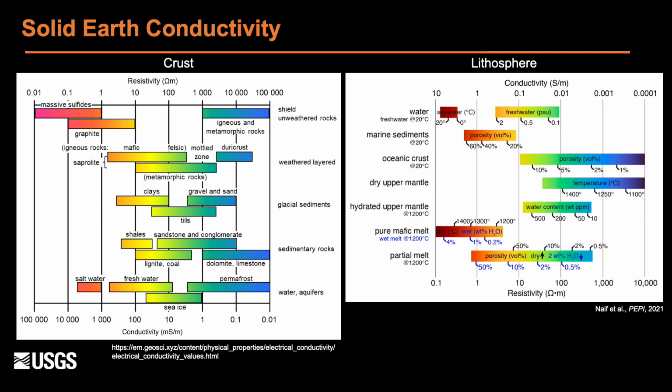I briefly want to discuss what electrical conductivity can generally tell us about the Earth before getting into specific conductivity mechanisms in the case studies. In the crust, igneous and metamorphic rocks are generally highly electrically resistive at typical crustal temperatures, whereas sedimentary rocks are often electrically conductive, largely due to constituent clay minerals, possible carbon content, and often fluid-filled porosity.